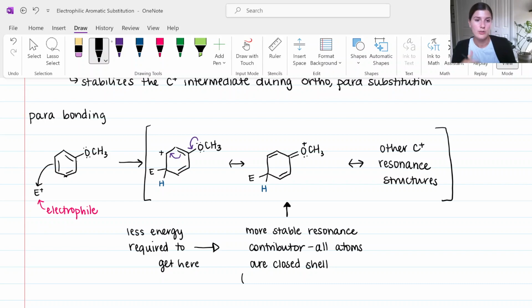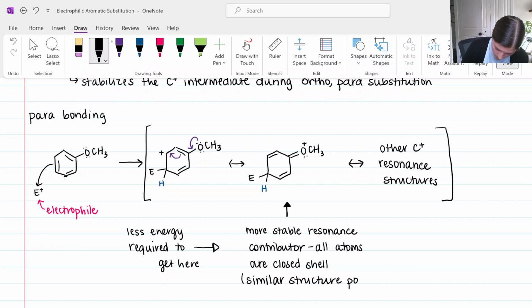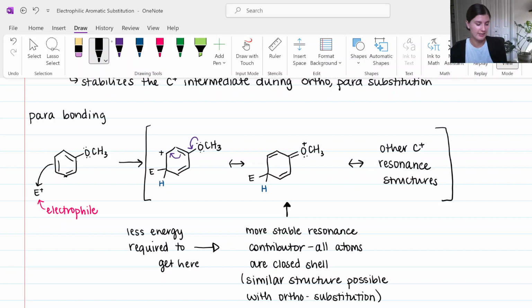Now, I'll only draw out the para bonding structures, but a similar intermediate, a similar resonance contributor is possible when you do ortho bonding, and that's why this is an ortho-para director. You can certainly try that out and make sure that is the case.